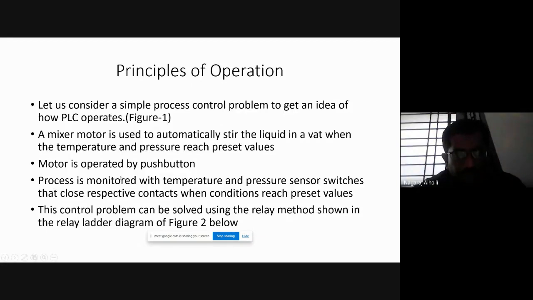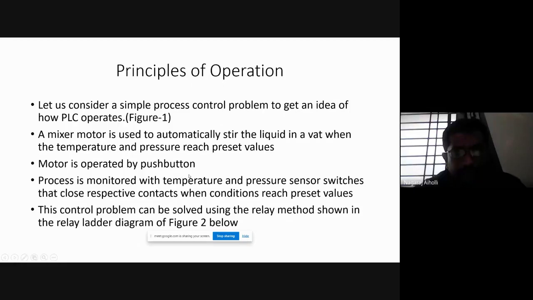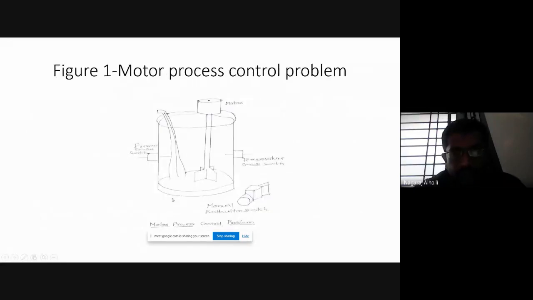This motor is also operated by a push button, which you can see here. Either when the pressure and the temperature reach their set point value the motor starts to rotate automatically, or the push button is operated to run the motor and stir the liquid in the container. Fine.